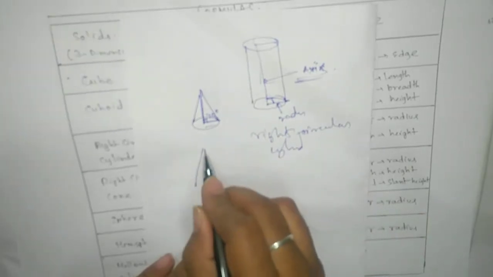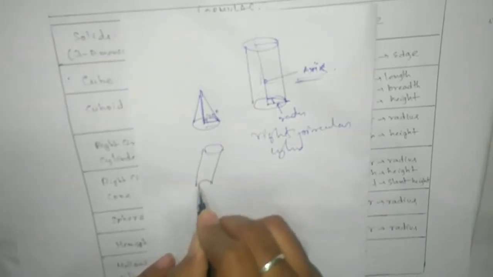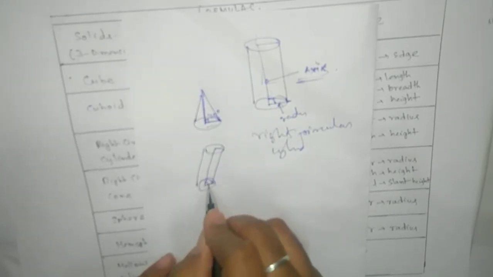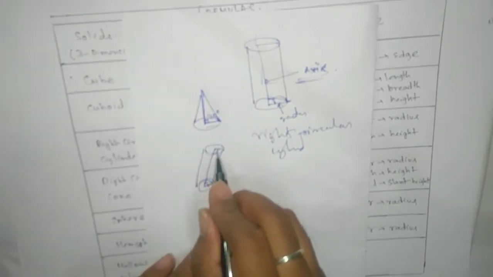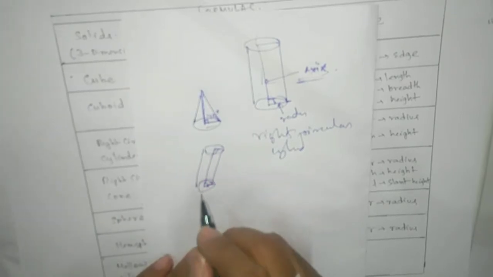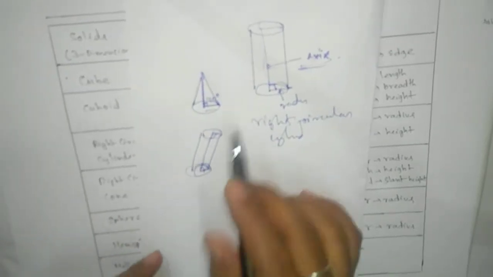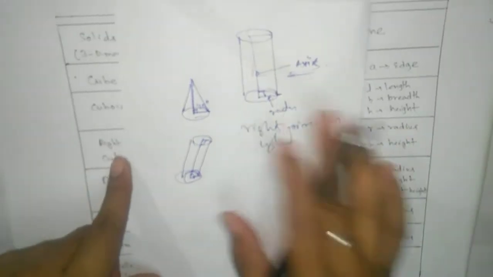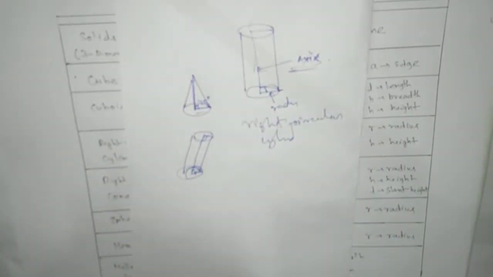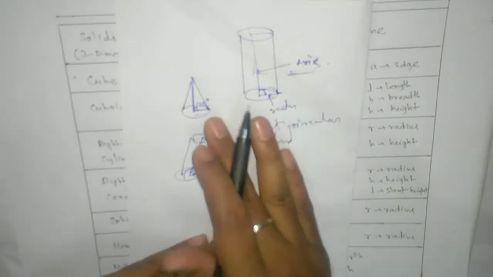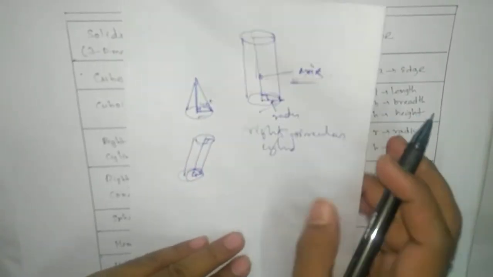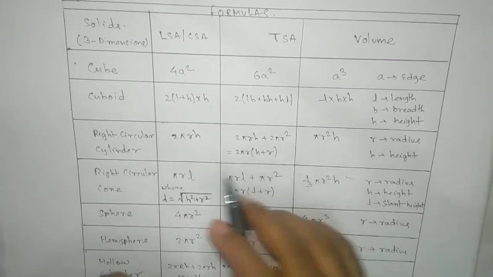If you see this figure, the angle between the radius and the axis is not the same. So this type of figure is not a right circular cylinder. Our formulas are based on the right circular cylinder and right circular cone, and we'll focus on these two in problems.